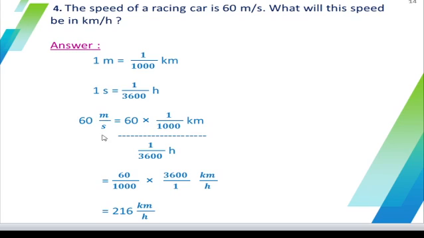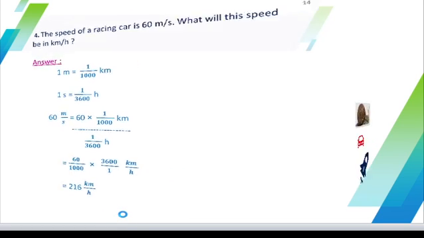So 60 meter per second is equal to 60 into 1 by 1000 kilometer, and whole divided by 1 by 3600 hour. Since we want to change division into multiplication, we take the reciprocal, so 3600 goes upside and 1 goes downside. Okay, and finally we multiply these values, we will get 216 kilometer per hour.